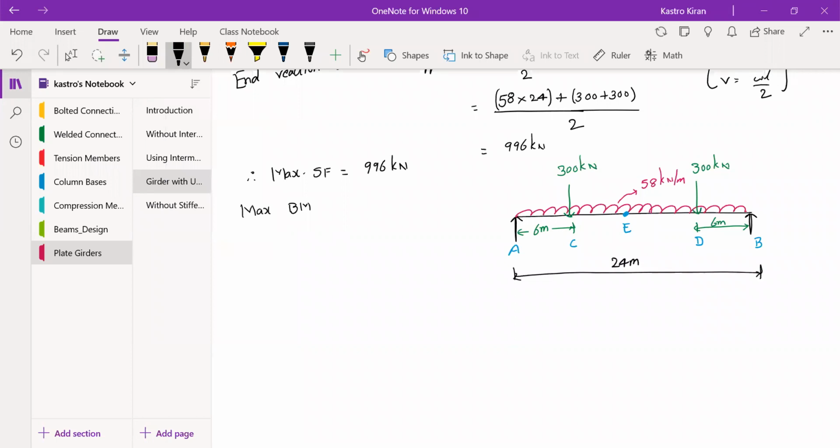Therefore, maximum bending moment at point E equals, so please check this condition very carefully. How to calculate the maximum bending moment?